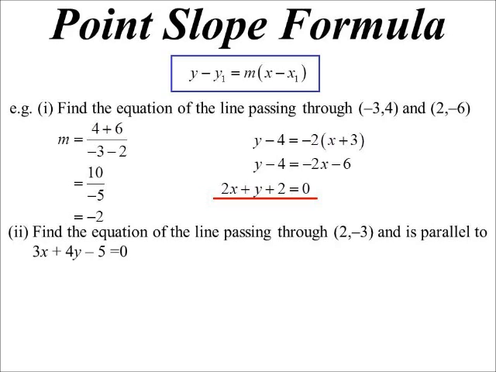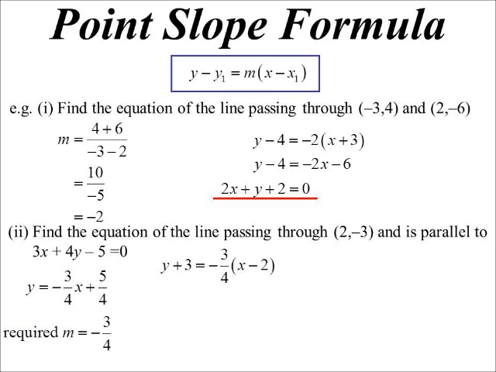So if I find the slope of this line, which turns out to be -3/4 once I put it into y equals mx plus b form, and it's parallel, and we know parallel lines have the same slope, so the slope I want is -3/4. I have a point, I have a slope, and point slope formula, away we go.